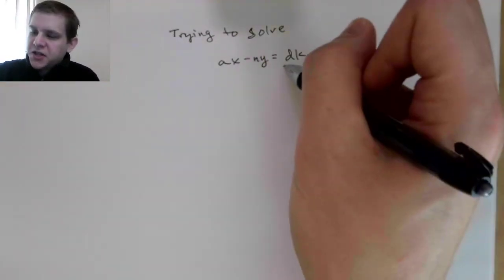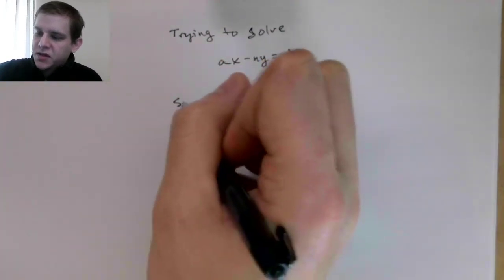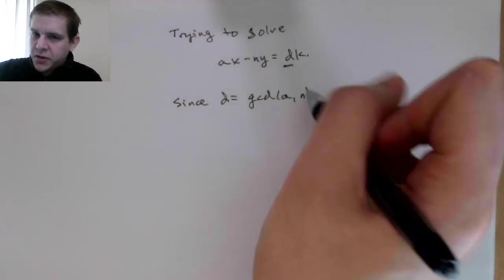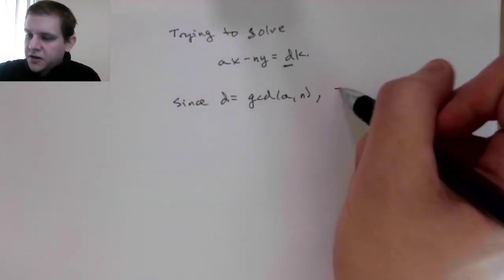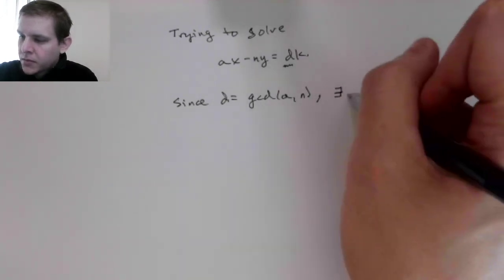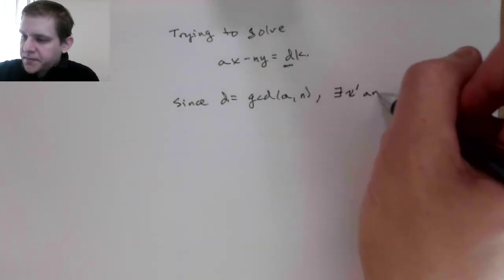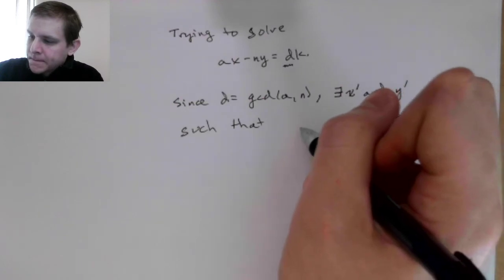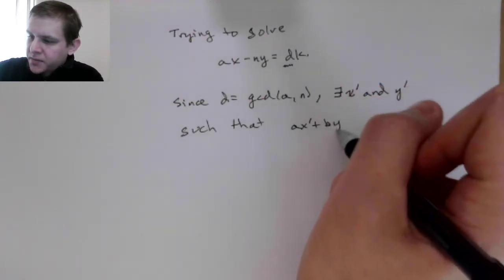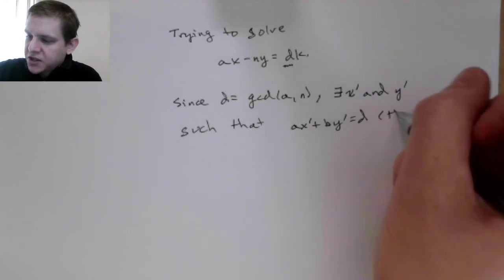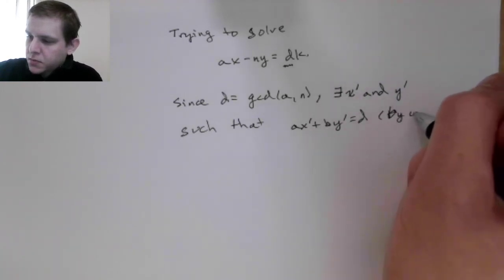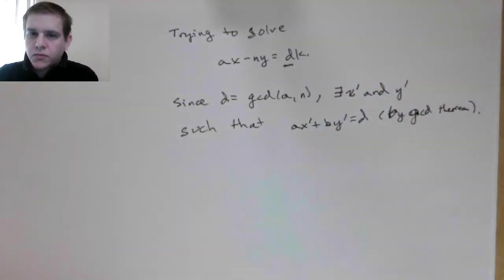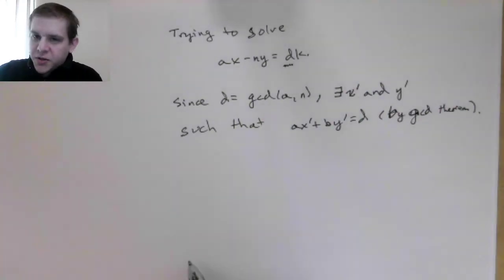So now I want to use the fact that D is equal to the GCD. So since D is equal to the GCD of A and N, maybe some of you can already see how this is going to end. I can find numbers, let's just call them x prime and y prime, such that ax prime plus ny prime is equal to D. This is by the GCD theorem. But now I just multiply this whole equation by k.